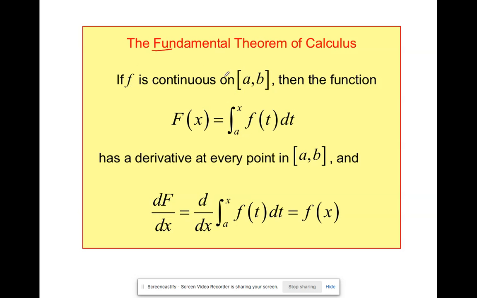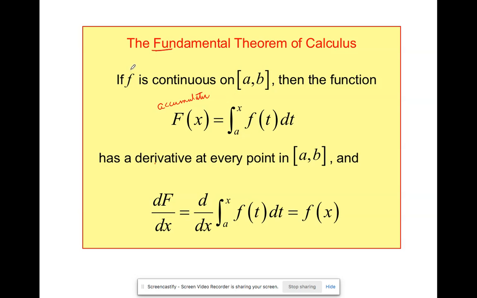If little f is continuous, then the accumulator function has a derivative at every point. Remember, little f doesn't itself have to be differentiable. The graph of little f just has to be continuous.